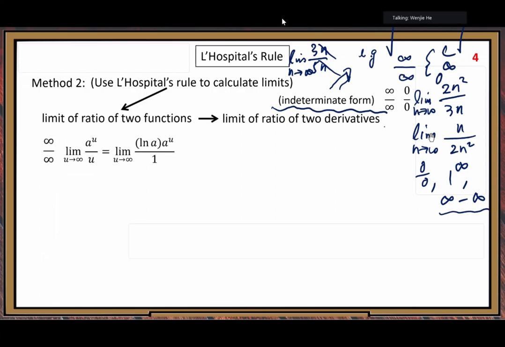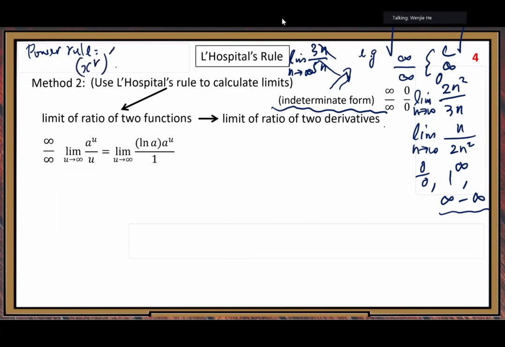Here I want to talk about the denominator. There is a rule we call the power rule. Let me write it. What's that power rule? Let x to the r be a power function.